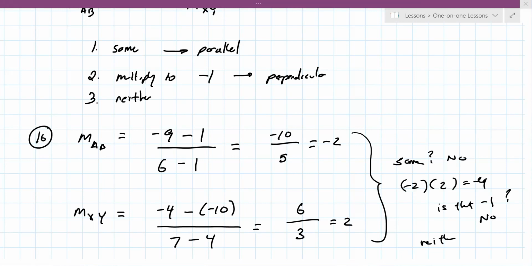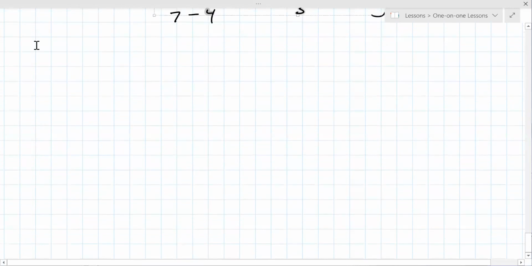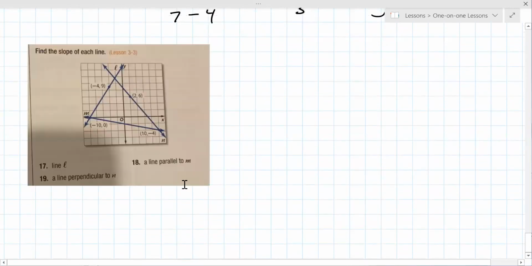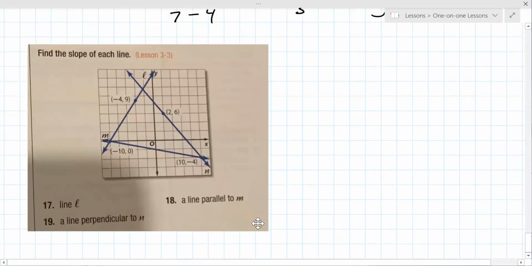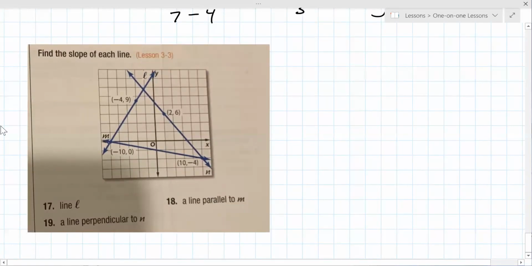Find the slope of each line. Okay, so this is kind of more of the same practice. They're giving you a few things to consider here. Line L has this point and this point on it.